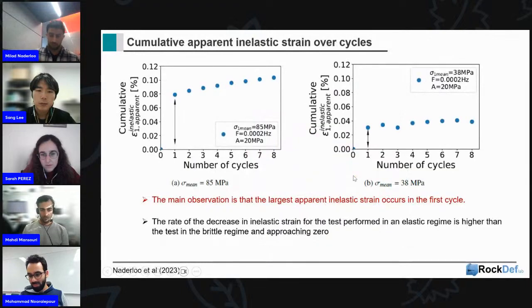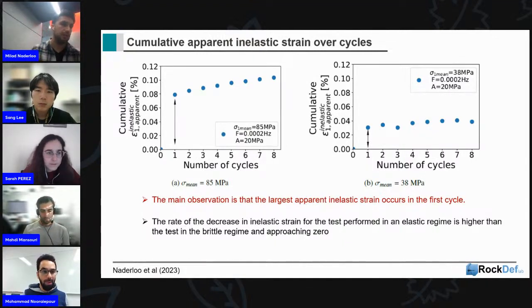So let's look in detail at what happens for inelastic deformation per cycle. We applied 8 cycles. This is from above the brittle yield point, and this is from below the brittle yield point. What we can see is that the main inelastic deformation happens during the first cycle. If you are going to start your energy storage, the first cycle is responsible for the inelastic deformation happening in your system.